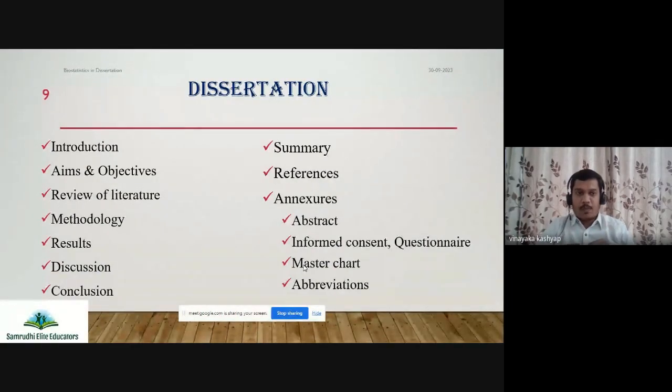So if you are doing a proper review of literature, then 50% of your dissertation is over.